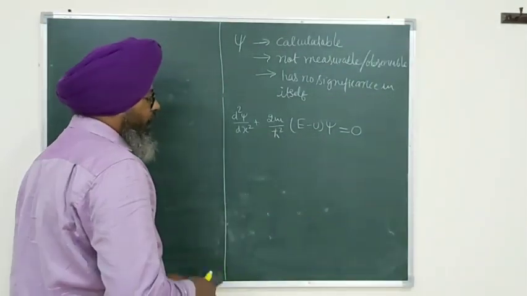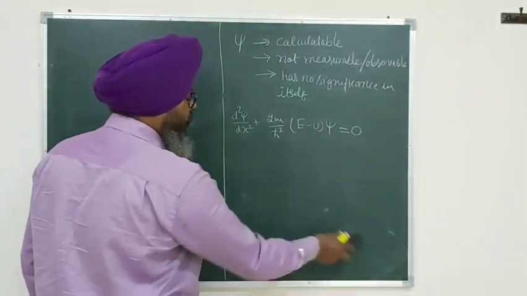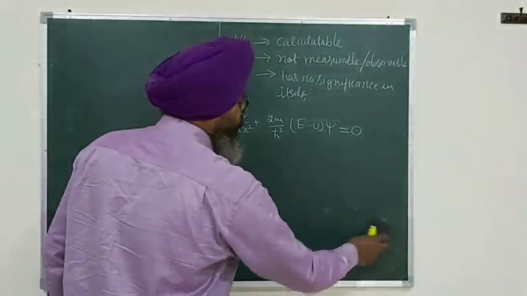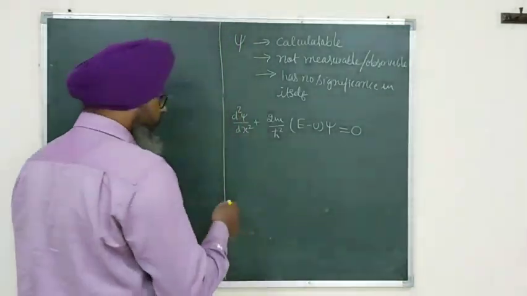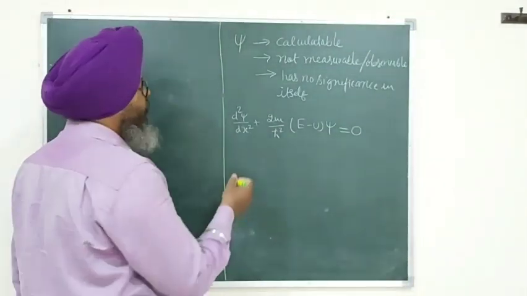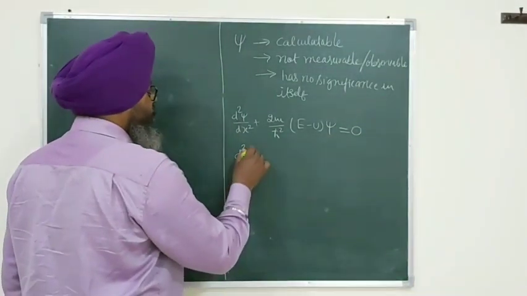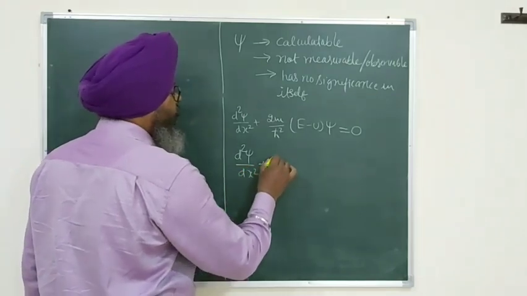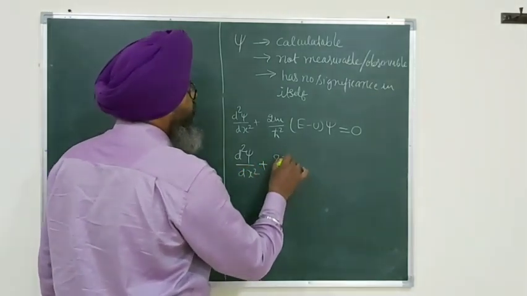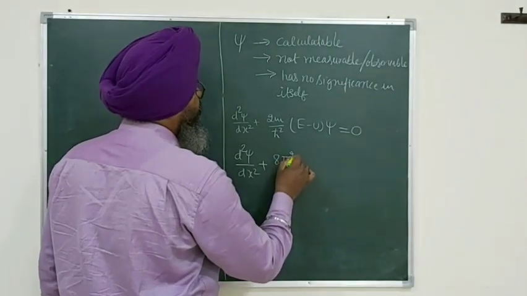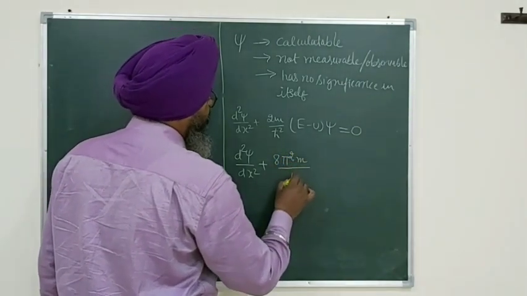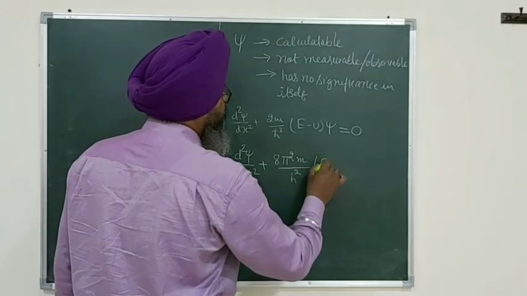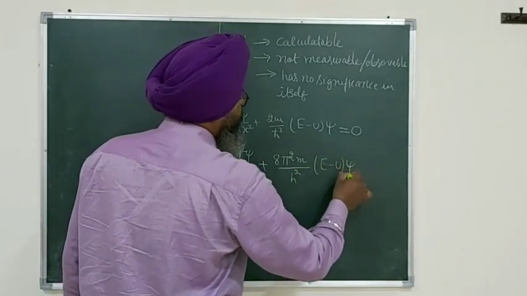Since you might not have the knowledge of this h bar, and if you have not attended my previous lecture, I would write this equation in terms of h also. So it will be 8 pi square m upon h square (E minus U) psi equal to 0.